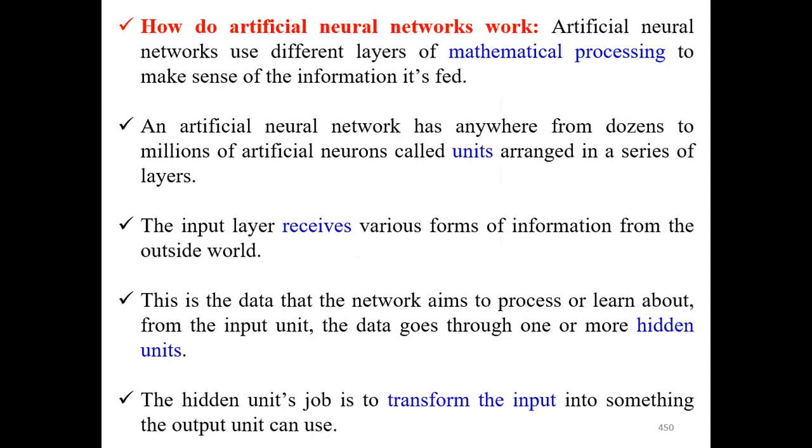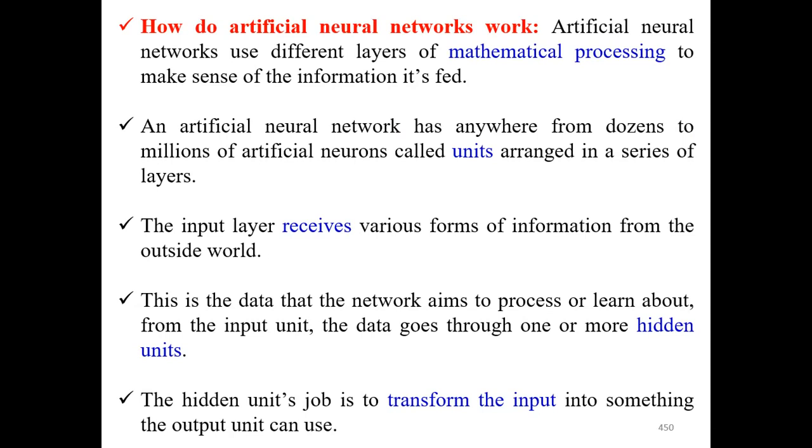Then, how do artificial neural networks work? Artificial neural networks use different layers of mathematical processing to make sense of the information they're fed. An artificial neural network has anywhere from dozens to millions of artificial neurons, called units or nodes, arranged in a series of layers.